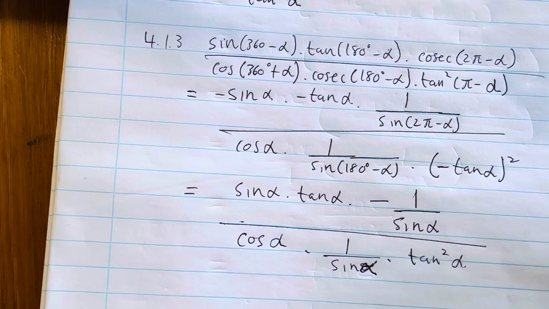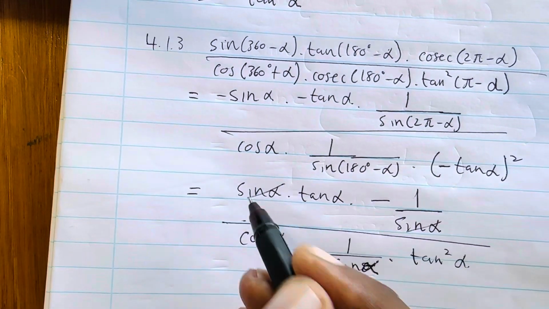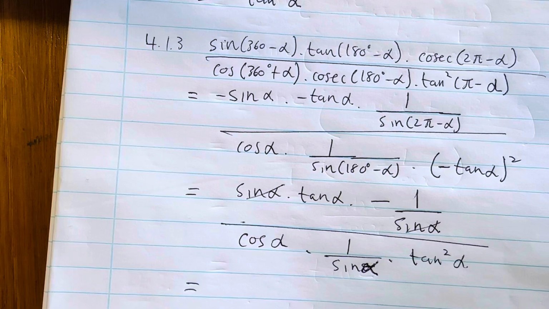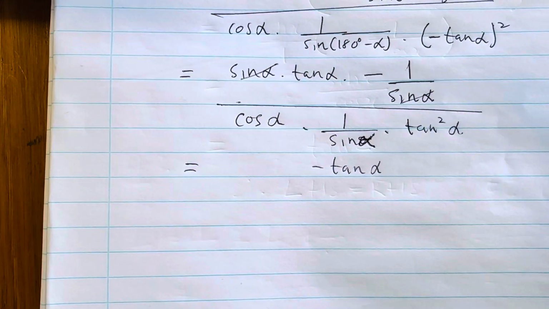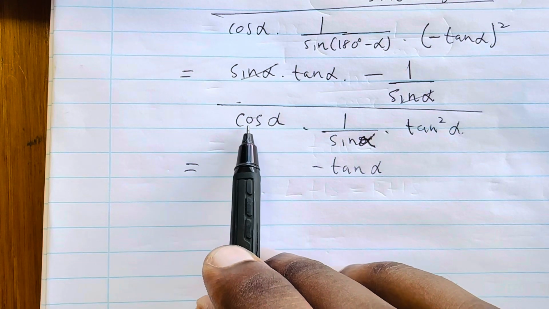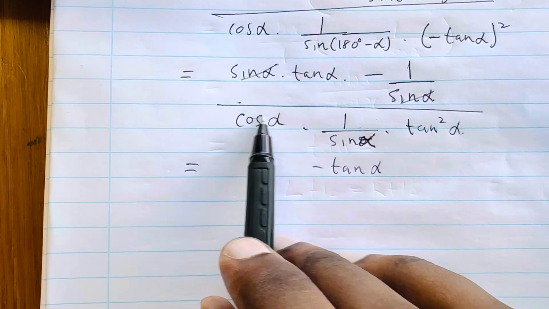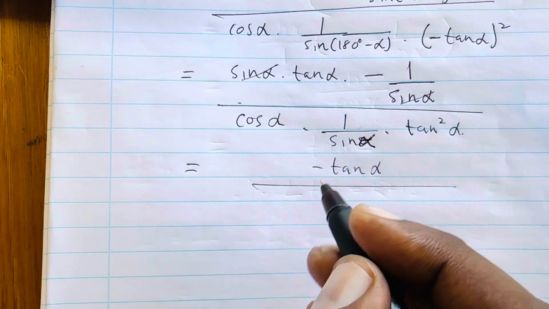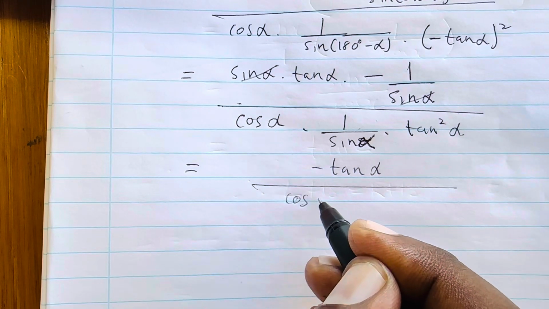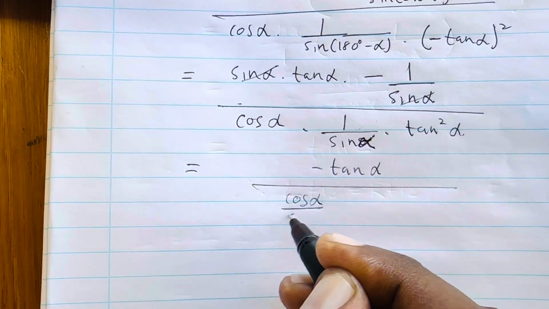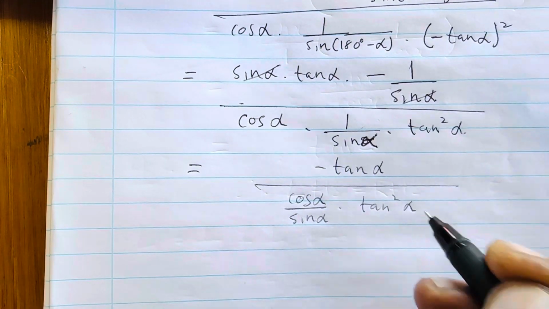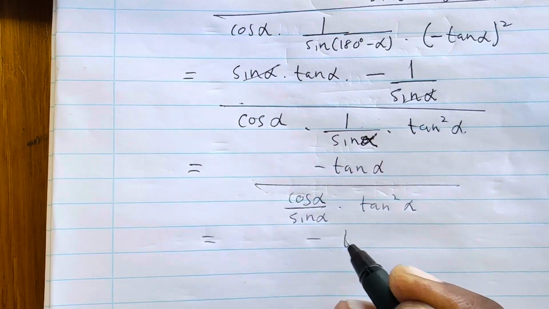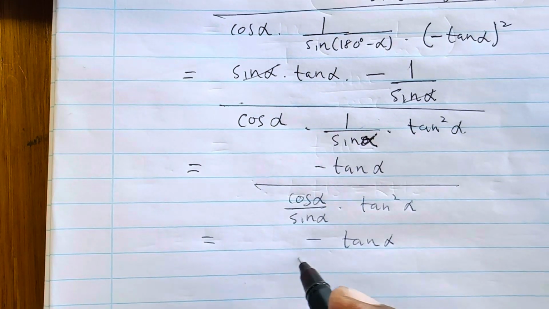Nice. So sine and sine will divide each other. We'll be left with negative tan of alpha. Then what is left now? Cos of alpha divided by sine of alpha, multiplied by tan squared alpha, and we still have negative tan of alpha.